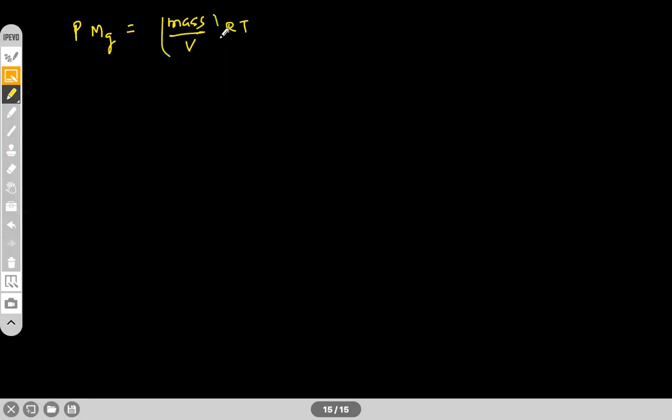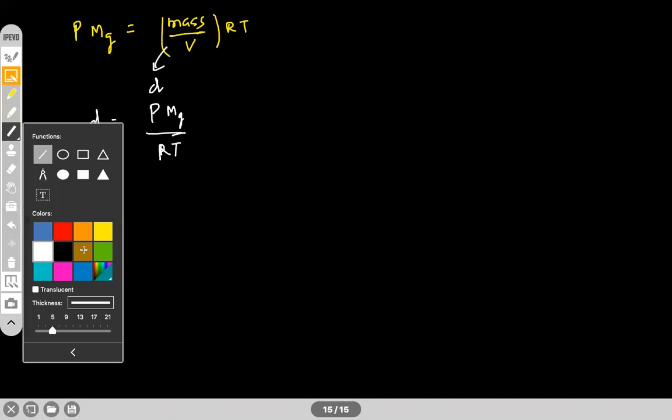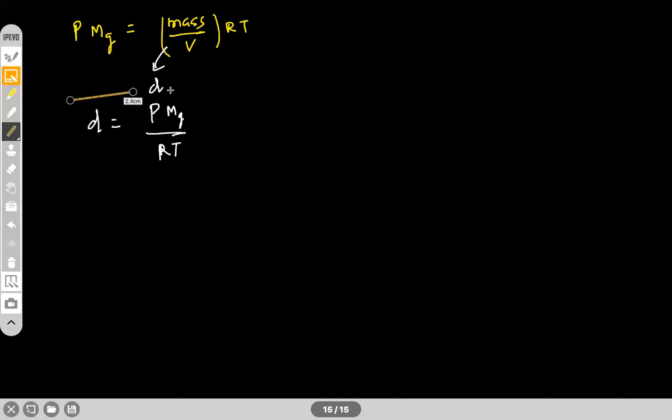Mass by volume is nothing but density, so this is D. So density is equal to P into molecular mass of the gas divided by RT. This is the formula of density.